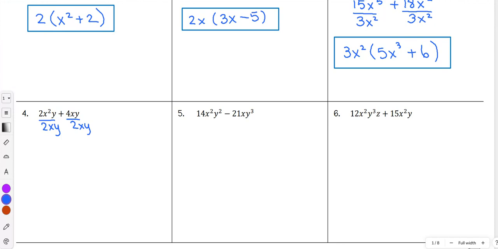And don't forget what a term means. A term is separated by pluses or minuses in some sort of algebraic expression. So we take out that GCF of 2xy, divide the first term by that, we end up with 1x plus, divide second term by that GCF, we have a 2. Y's and x's get canceled out.